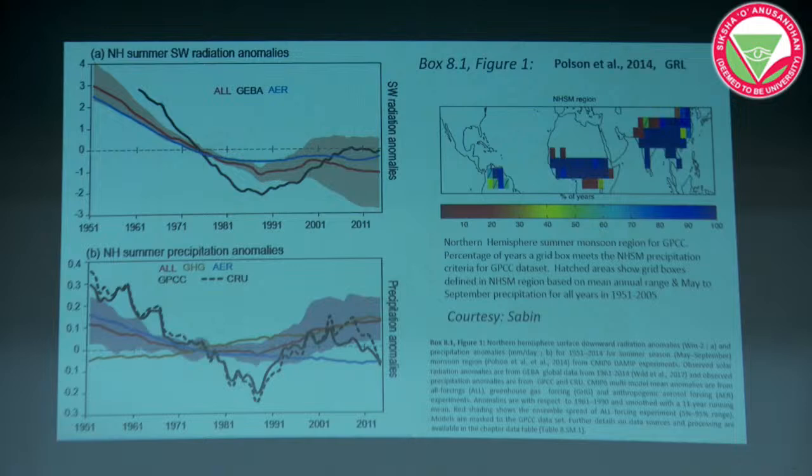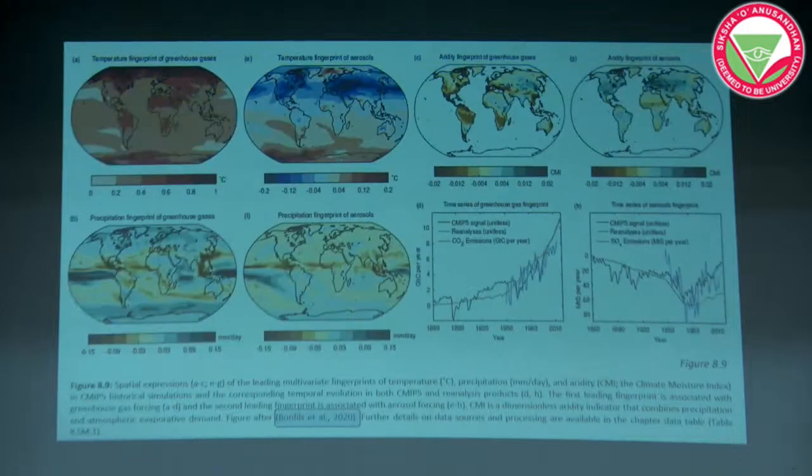In fact, global warming will try to increase the rainfall, but your aerosols will try to reduce the rainfall especially. And so these are from the CMIP6 models, where we found out what is the role of the greenhouse gases and what is the role of aerosols in the temperature and precipitation changes.